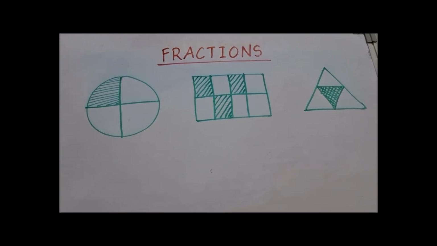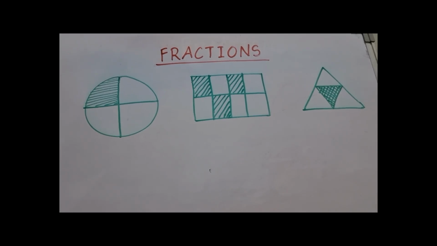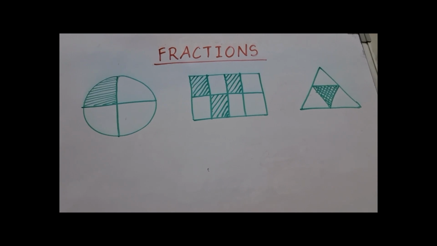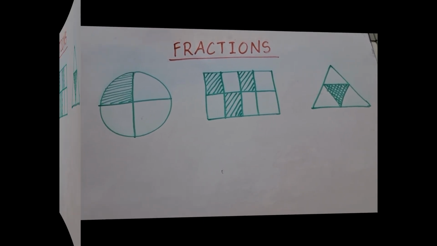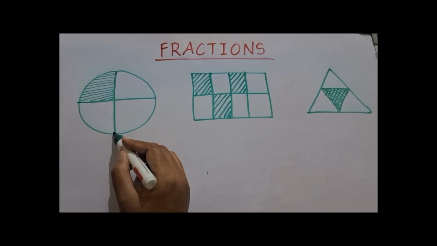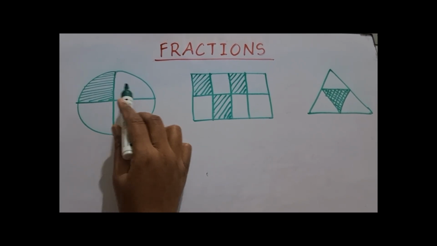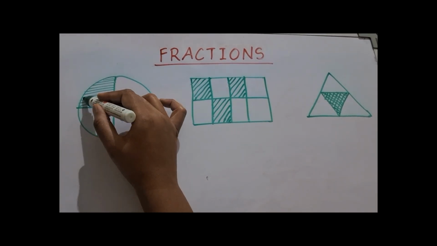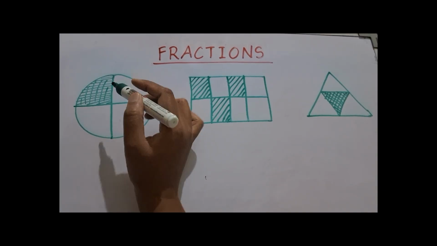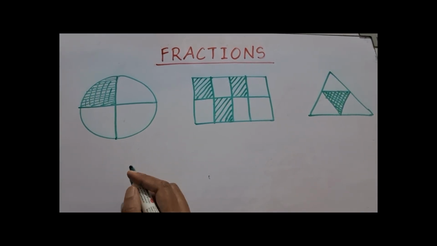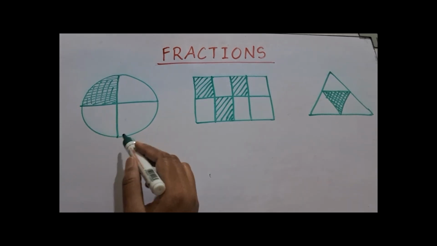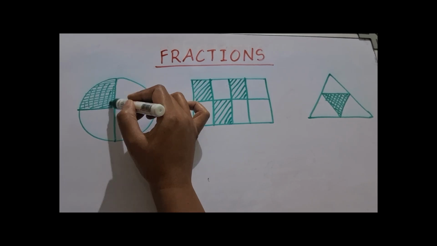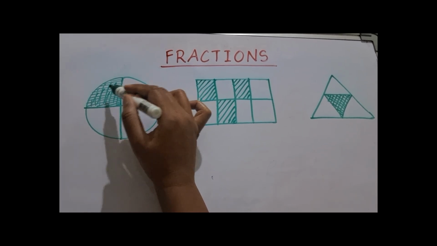Here some figures are given, children, and each figure is shaded. We have to write the shaded part. In this circle, we see that it is divided into 4 equal parts. And how much part is shaded? Only one part is shaded, isn't it? So, a part of this whole we can write in the form of a fraction.